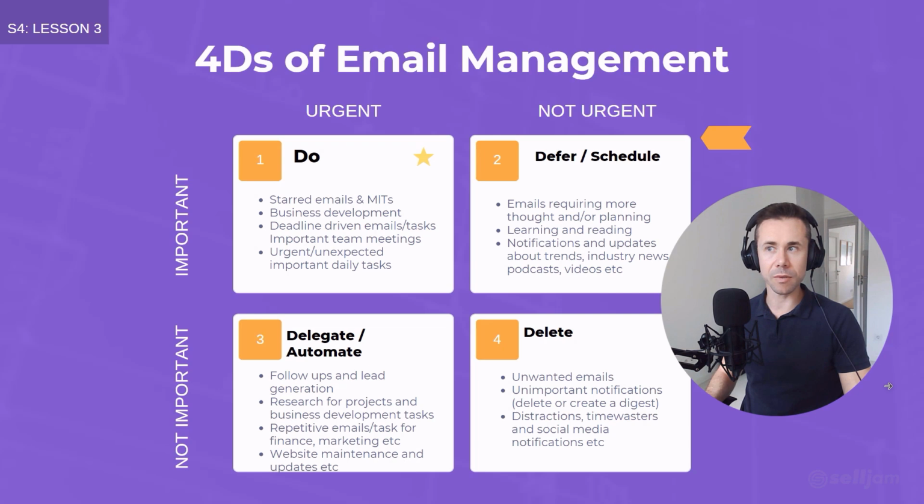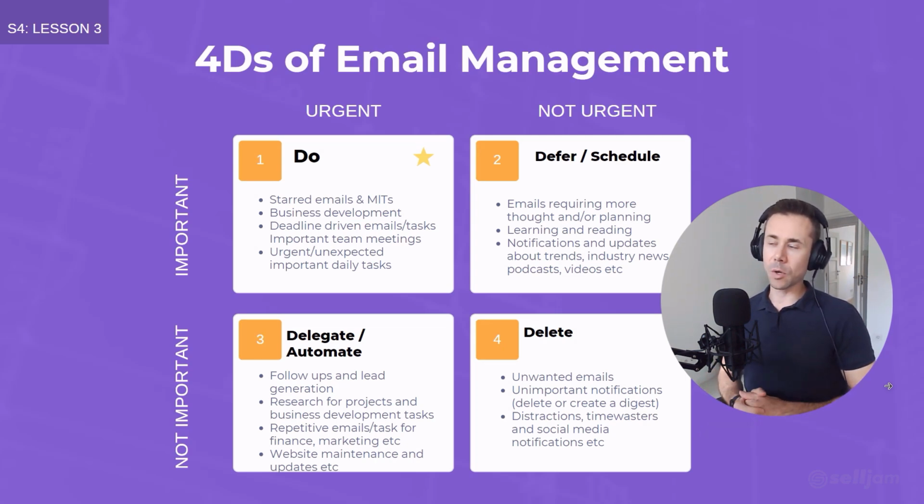Those are the emails that you should defer or schedule. In the third quadrant, you have the not important but urgent. These are the emails that you might be able to delegate or automate. And then lastly, in the fourth quadrant, you see the delete emails, which are not urgent and not important.